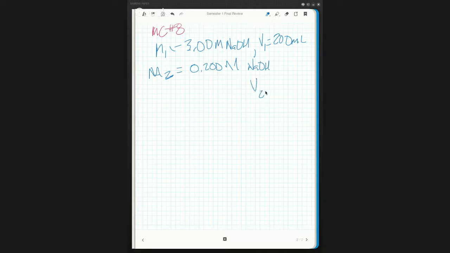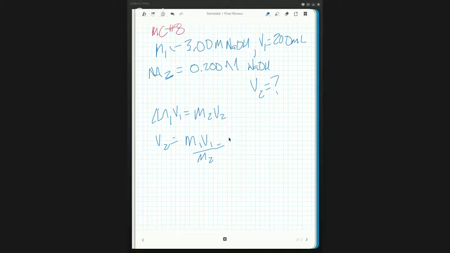And we're looking for V2, right? So our equation is M1 V1 is equal to M2 V2. We're looking for V2, so that's equal to M1 V1 over M2.